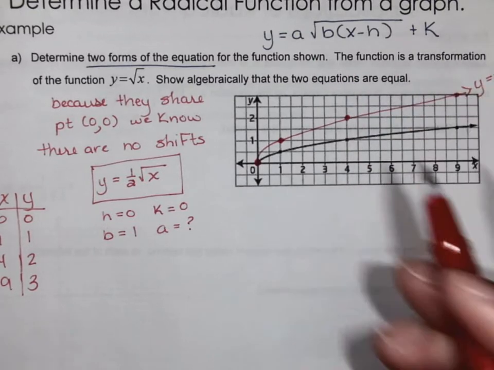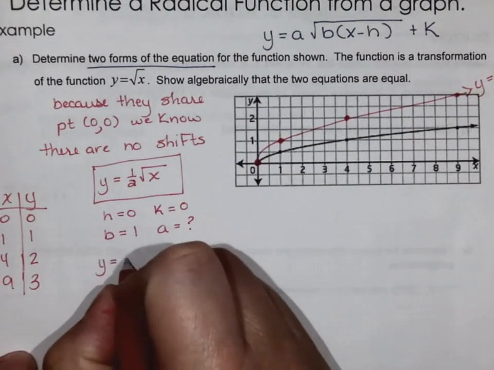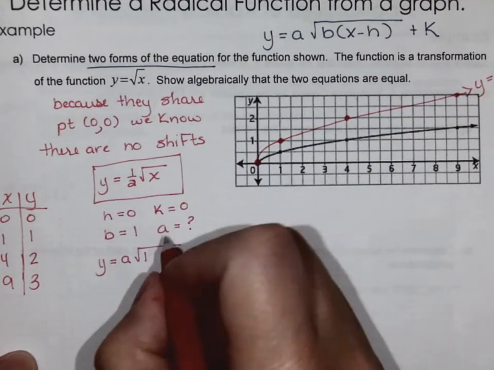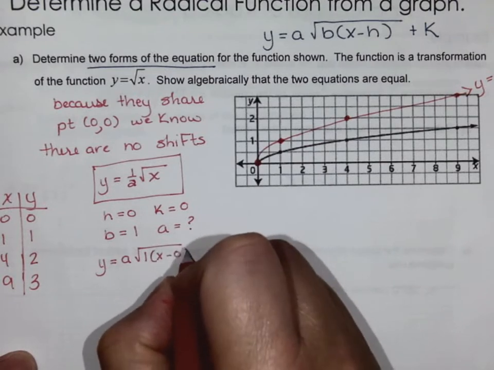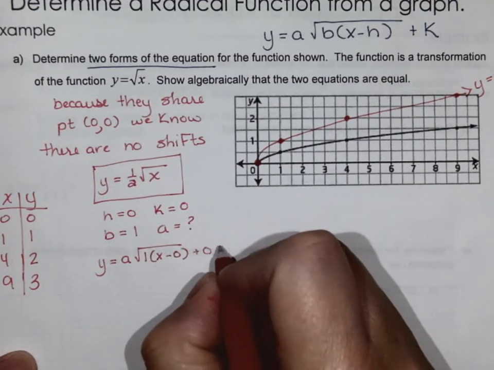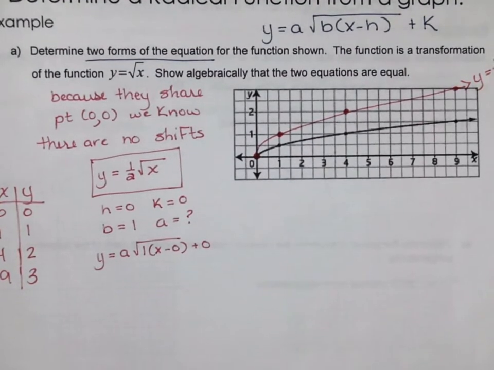So if we substitute everything we know in here, y equals a root, b is 1, x we don't know, we know h is 0, and we know k is 0. So what we do is we now pick a point on our transformed graph. No, you don't have to write the 1, but I'm just putting it in so you can see that the b value is 1. So now you're going to pick a point on the graph.